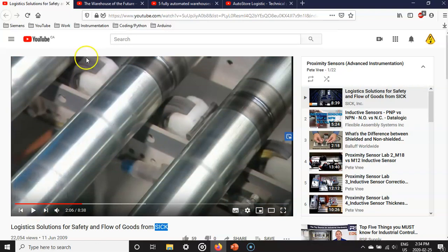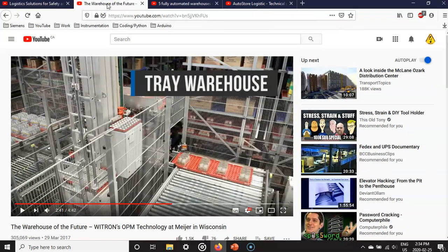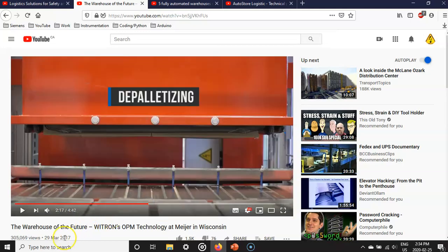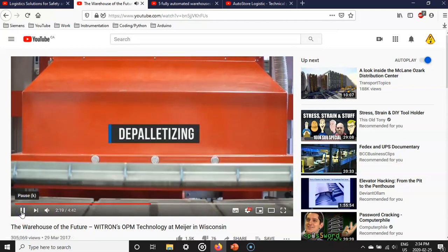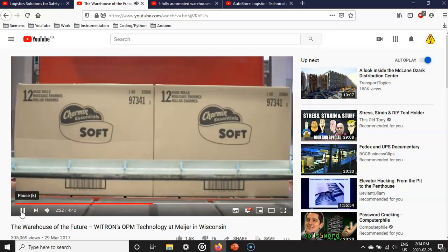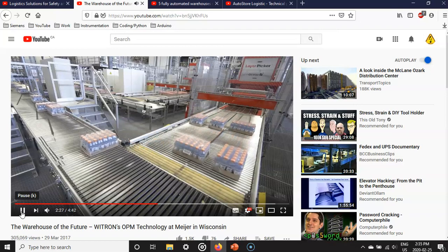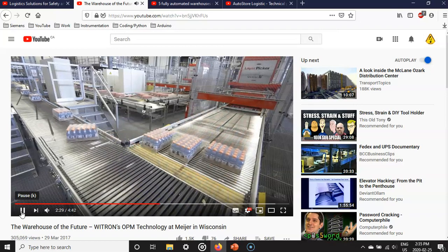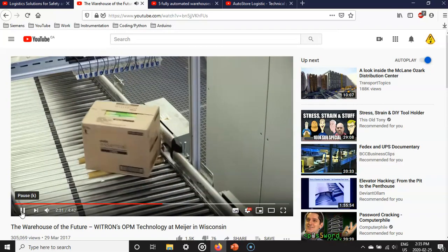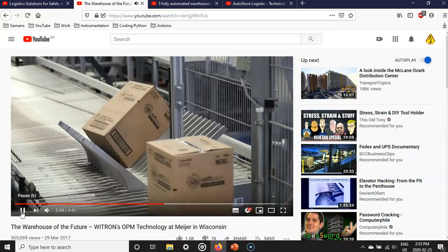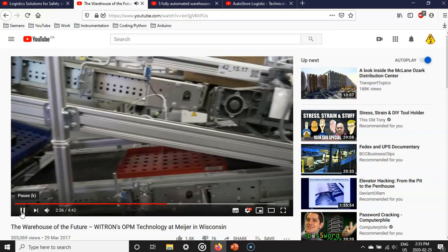And then if you're still interested in this stuff, there are some pretty cool videos, and if you find other cool videos on different warehouses, share them. This one here is the warehouse of the future, from 2017. You can see different pallets with different units going through, and there's a little pusher that moves it over to the other side of the unit.